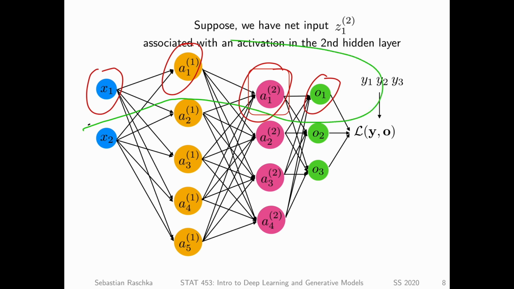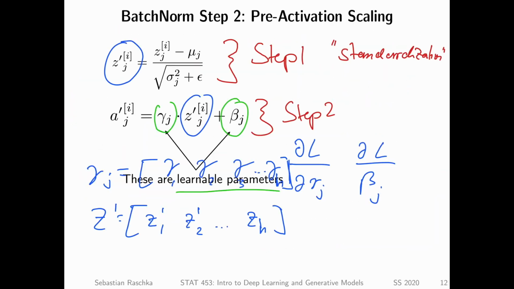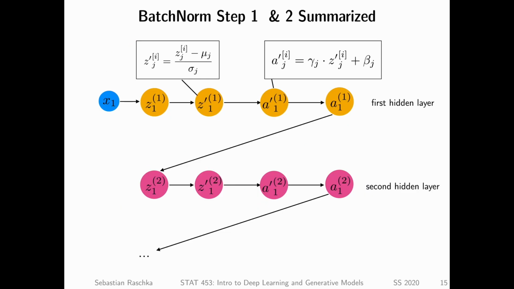at one path here. I'm not looking at all of them at once because it would be a little bit complicated. So this is the same network, but I'm again only looking at one path. And in addition, I included the batch normalization layers now.